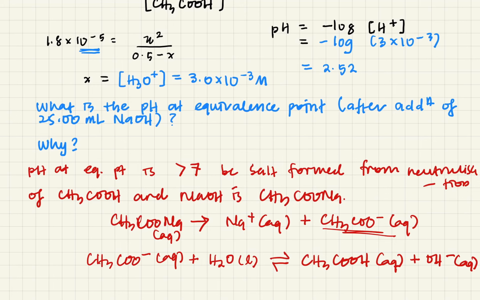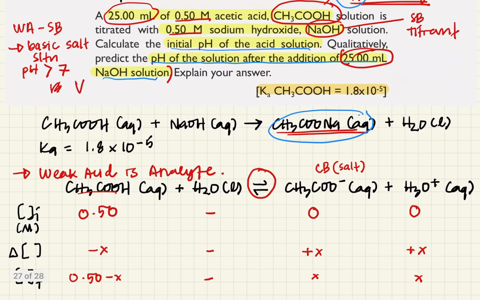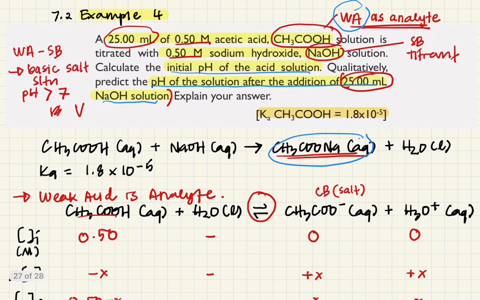It is a conjugate base from a weak acid, so it can hydrolyze in water, okay, to produce OH minus ions, hydroxide ions. Therefore, this presence of hydroxide ion will show the basic properties of your salt. Therefore, the salt formed is basic. Okay, the salt is basic. Alright, itu je. Okay, itulah yang awak nak explain kenapa awak punya pH tu greater than 7.